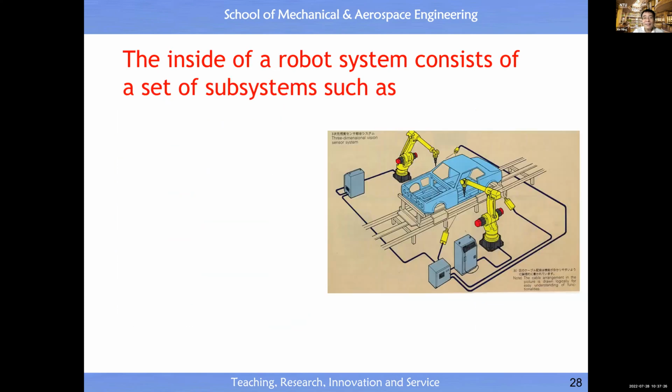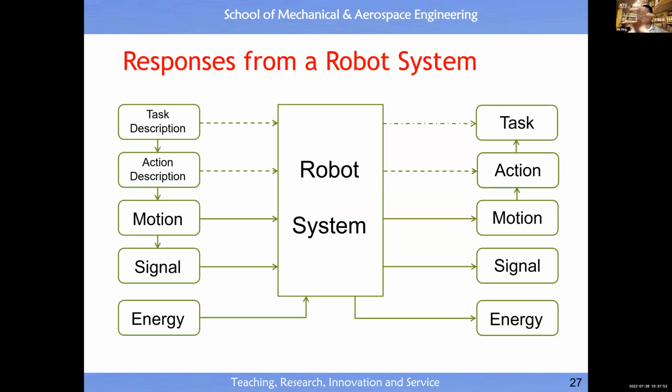All right. So then once we identify all these subsystems inside the robot, we want to know what should be the key system or most important one inside a robot, because all these systems must work together in order to transform the input to the output.